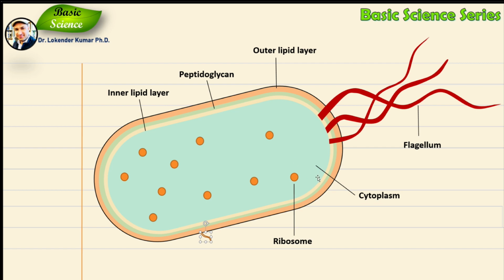The main function of the pili is that sometimes they are used for attachment, and during the attachment process, they are also sometimes used in movement on solid surfaces. So there are various functions that pili perform. They are also used to transfer genetic material from one bacterium to another.